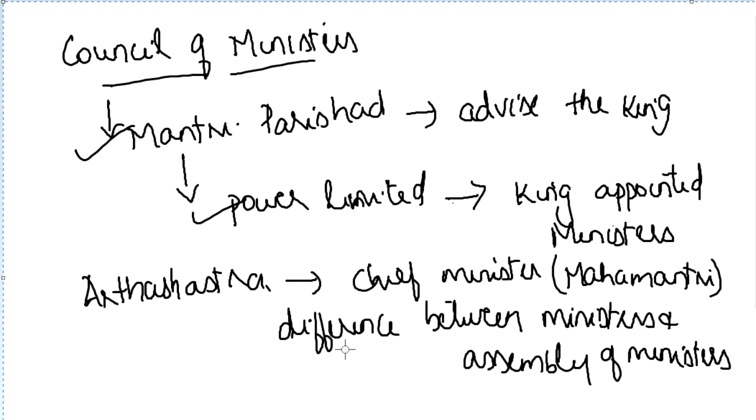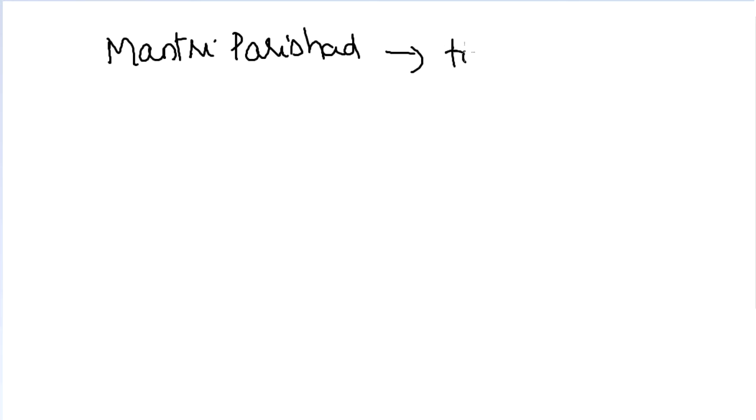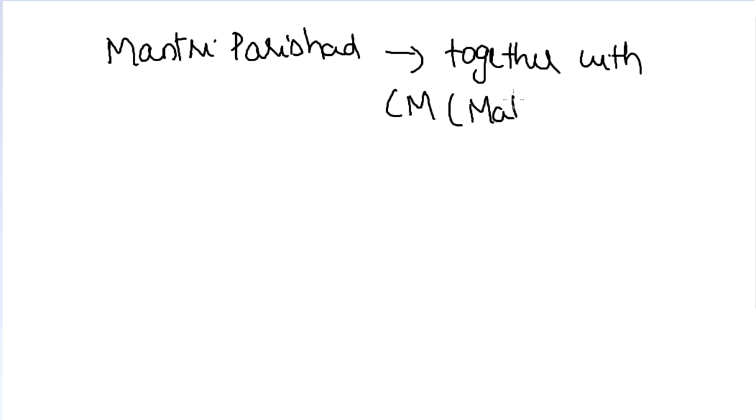assembly of ministers. Now, it would seem that the Mantri Parishad, or the Council of Ministers, together with the Chief Minister or Mahamantri, were selected to act as an inner council.